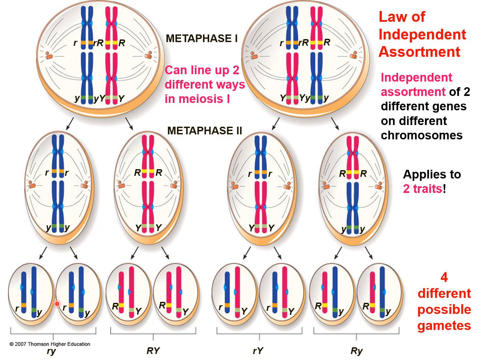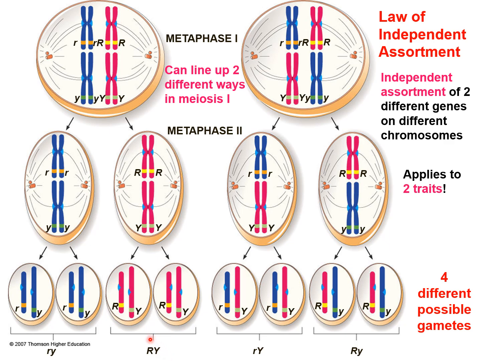Our first possible gamete, we could end up with little r and little y together, and that would give us a gamete carrying the alleles for a wrinkled and green seed. Then we could also have this gamete with big R and big Y together.